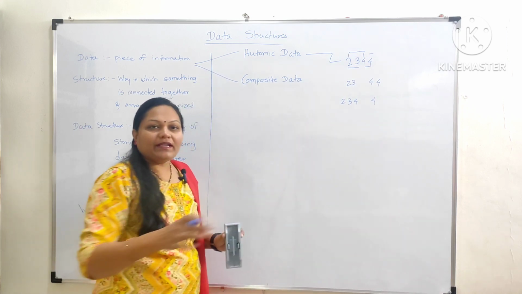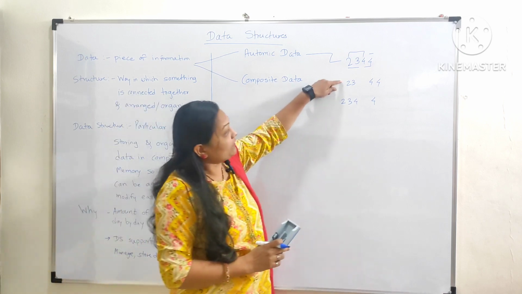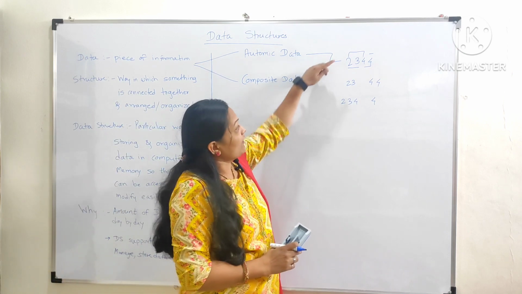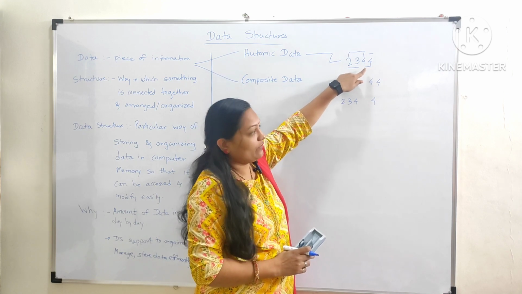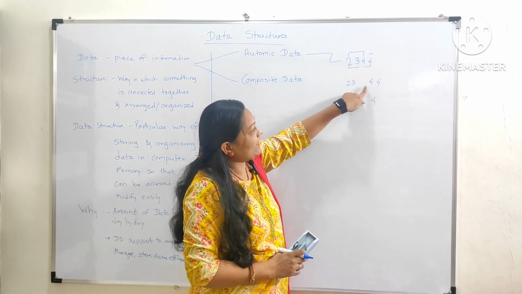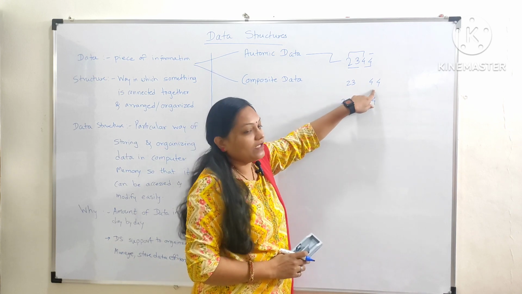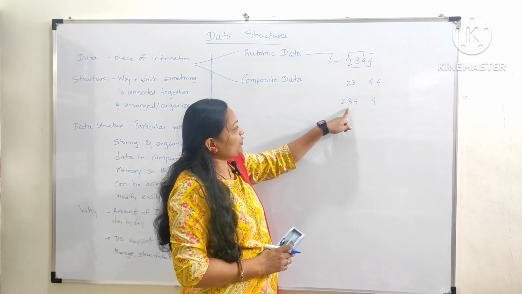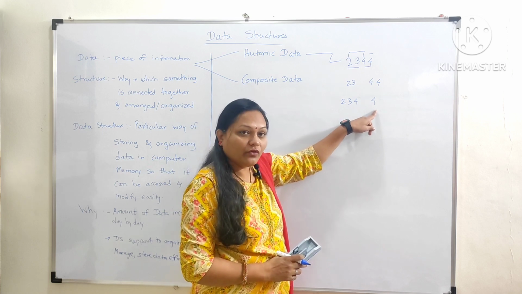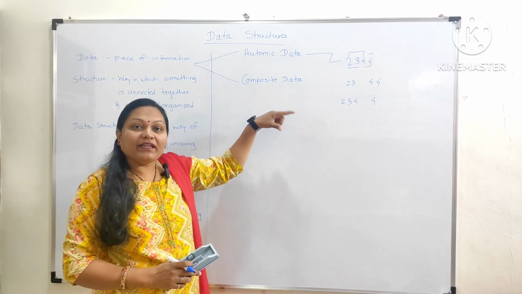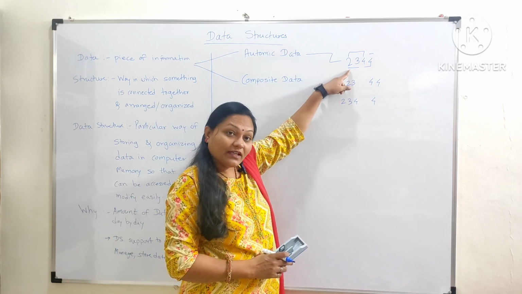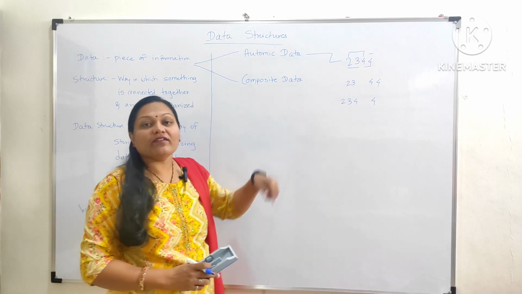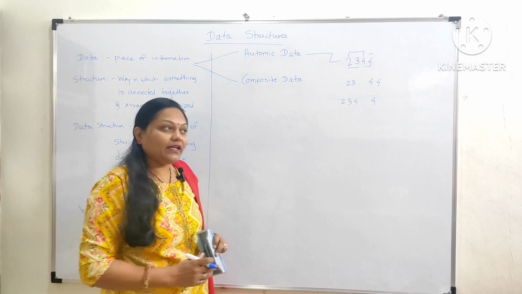This way there are many divisions, but the meaning of this will be changed. The meaning of this is 2344, but if you divide that data, the meaning here is 23 and 44, here 234 and 4, so actually the meaning will change. So this data we cannot divide, and that type of data we can say is atomic data.